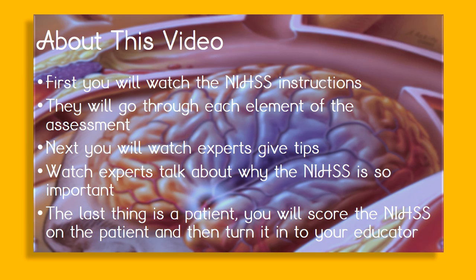Then you're going to watch experts give tips on the stroke scale, and then they're going to talk about why the stroke scale is so important. The last thing is you will see a patient. You are to score the patient using the NIH stroke scale and then turn it into your educator. If you're 4 West or Critical Care, that would be me.